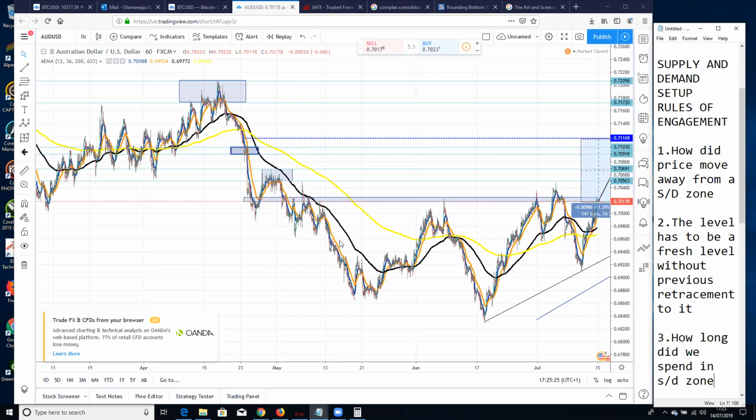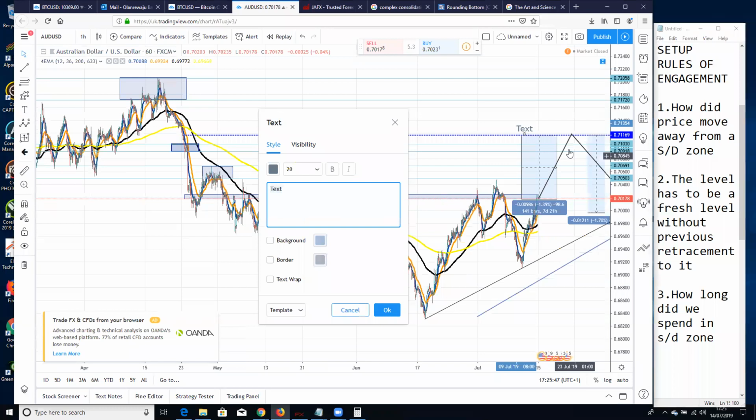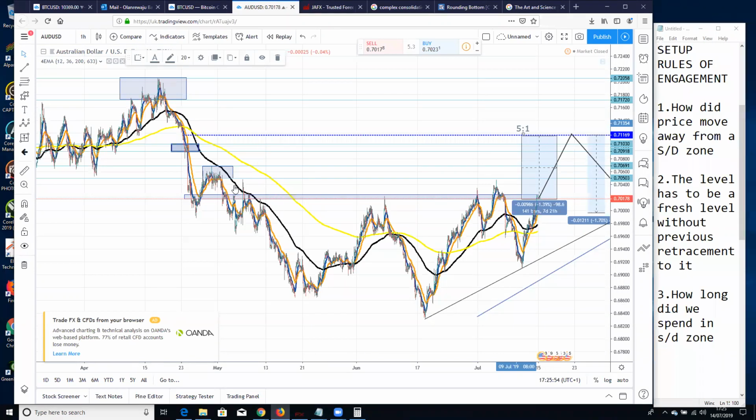That's your execution. And then you know where your management is, which is above there, 0.7116, and this is a 5-to-1 risk-reward ratio. So you'll find a 5-to-1 trade on Aussie, and obviously that's a high probability trade right there.